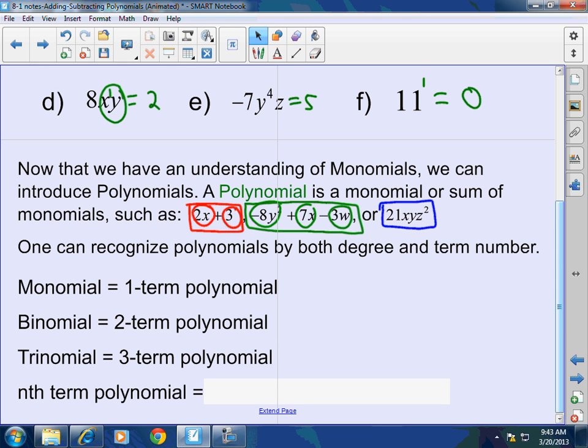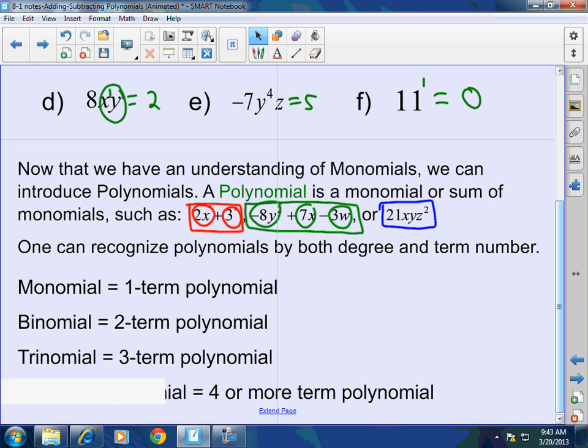After that, guys, when I have 4 or more terms, it's called an nth term polynomial. And that's just a 4 or more term polynomial. So if I have a polynomial with 8 terms, it would be called an 8-term polynomial. Is everyone with me so far?